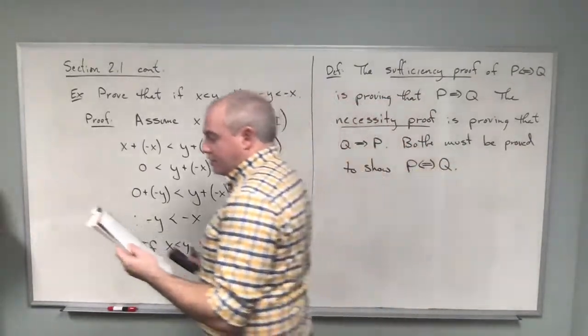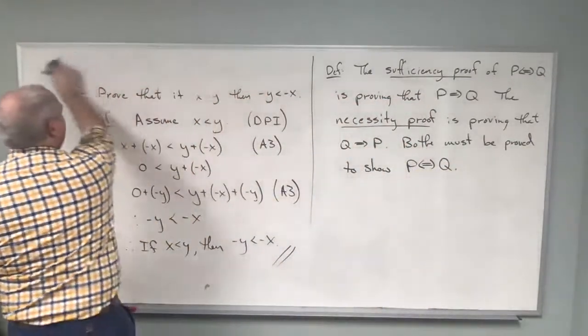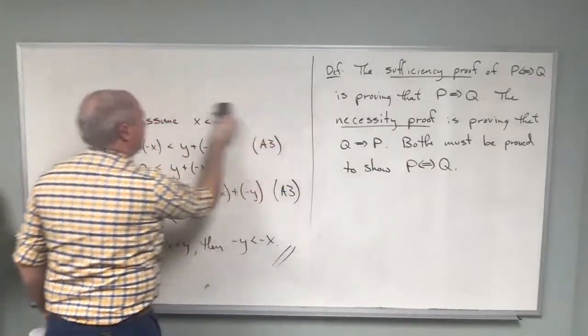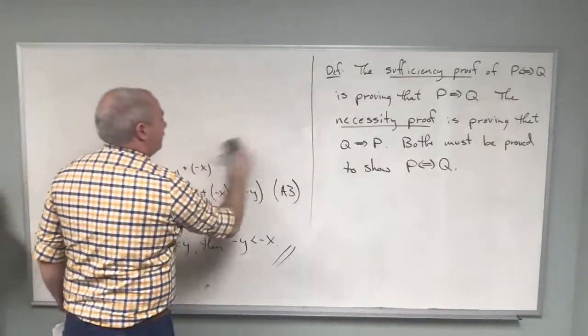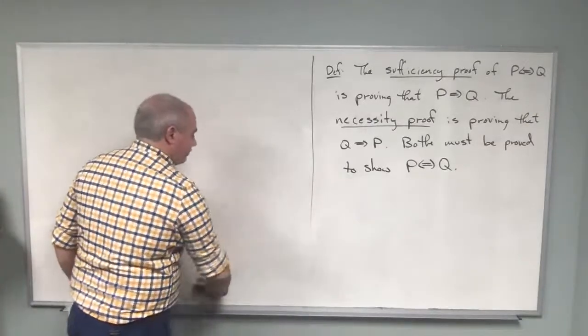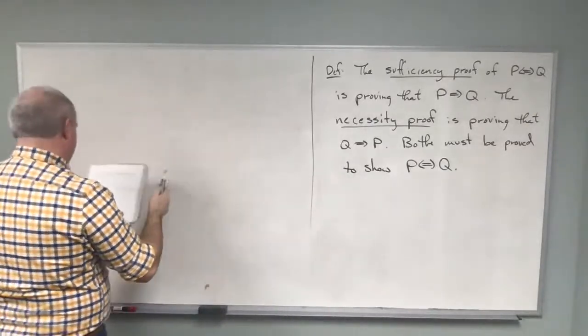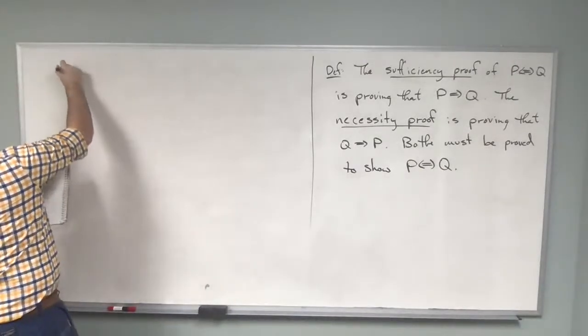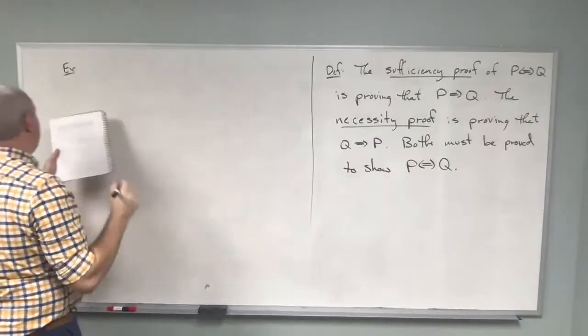Okay, so let's do another proof. I'm going to do a very, very easy if and only if proof, just to show you how if and only if proofs work. And then maybe we'll do one that's more interesting. So, quick example.